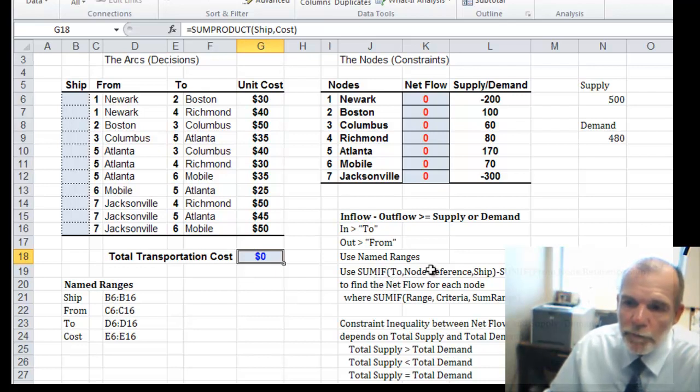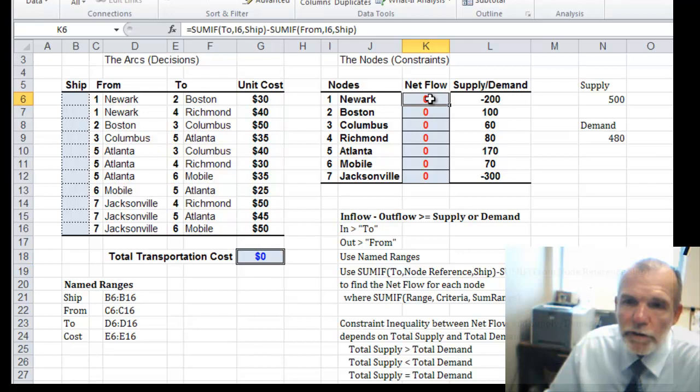SUMIF for a particular node, such as node 1, and then for things that are coming into it, we sum those amounts from this ship column, minus the SUMIF from what's going out from that node, for example node 1, and the amount shipped. And you're going to see in a minute, we're going to balance those with this column here for supply demand.